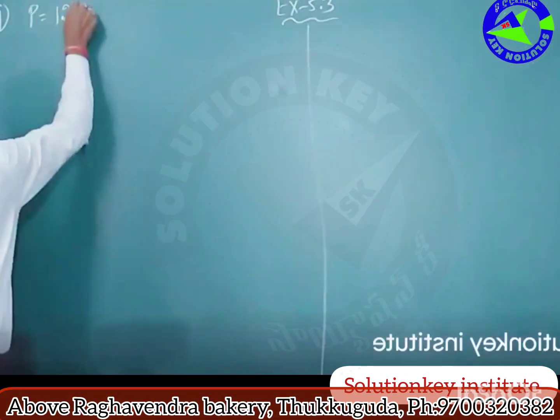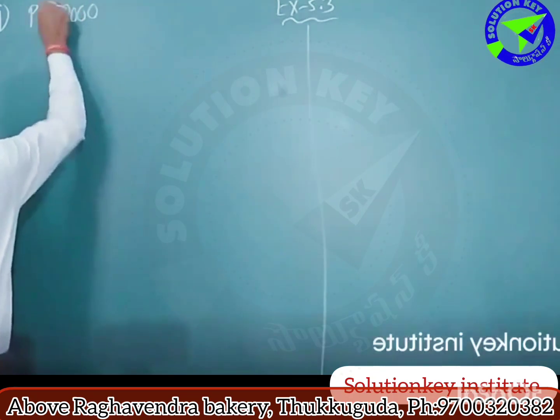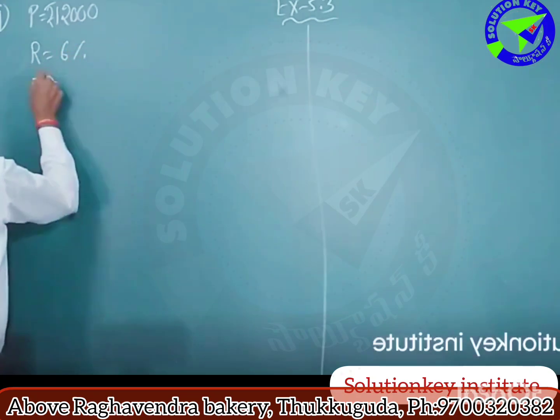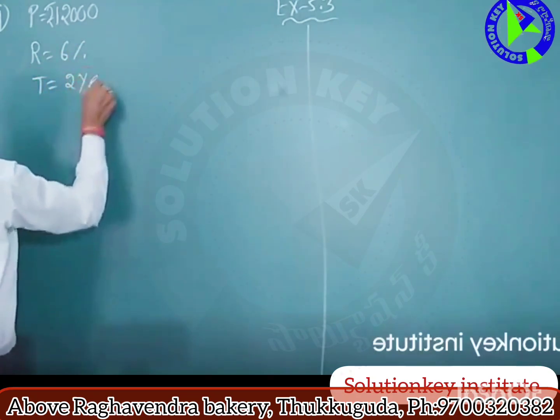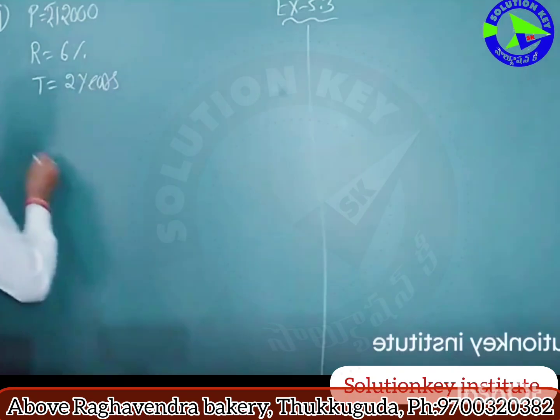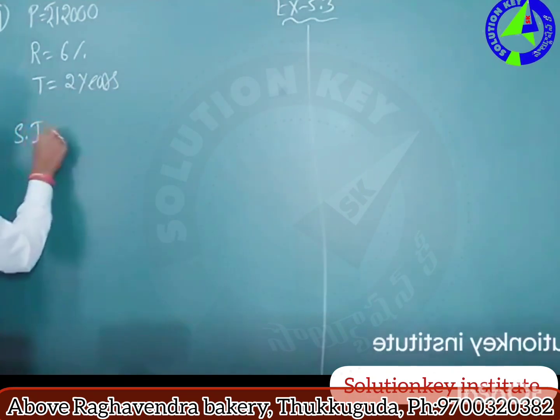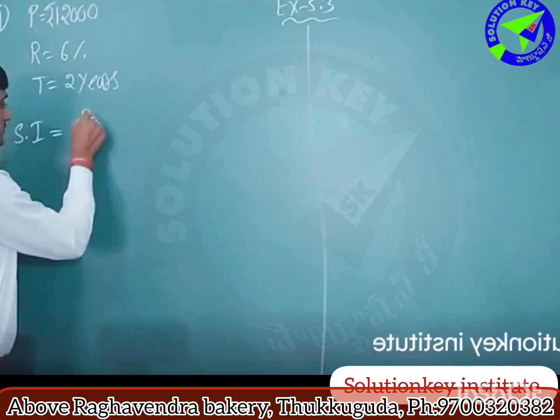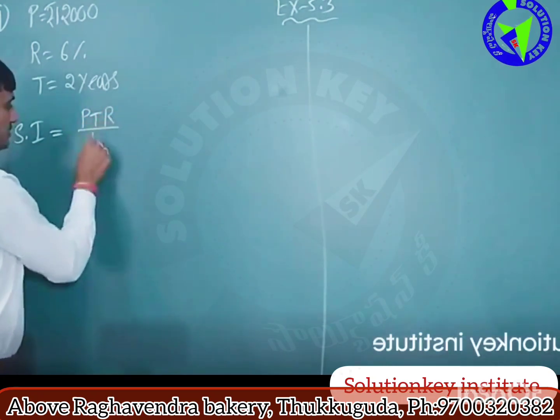See the question. Rate of interest is 6%. Time is equal to 2 years. First we calculate the simple interest. Simple interest is PTR by 100.